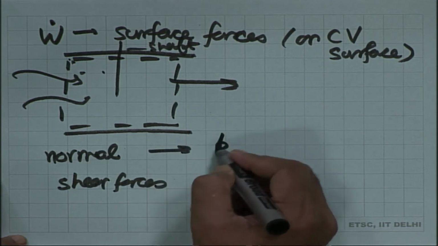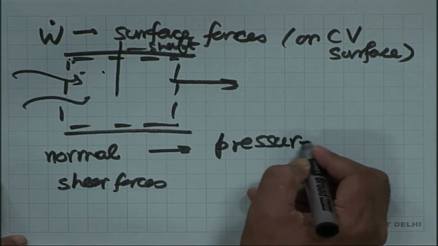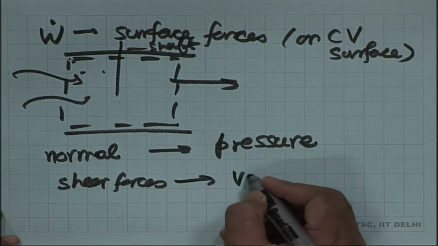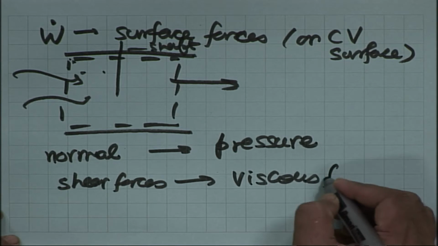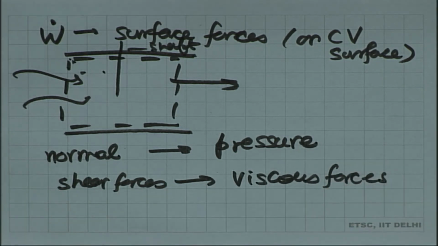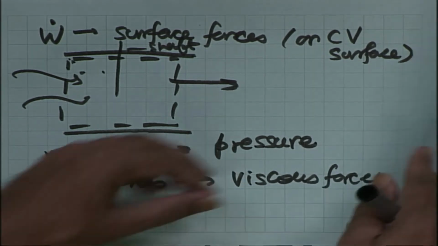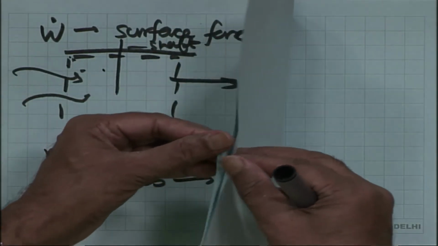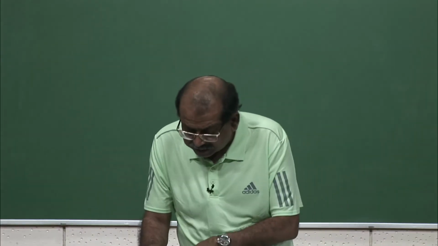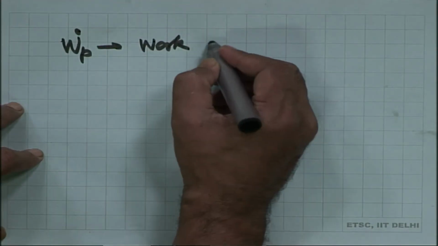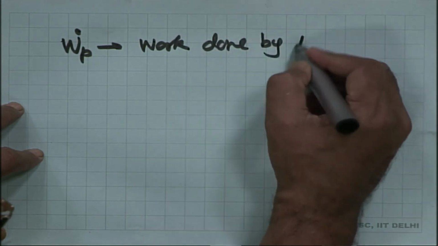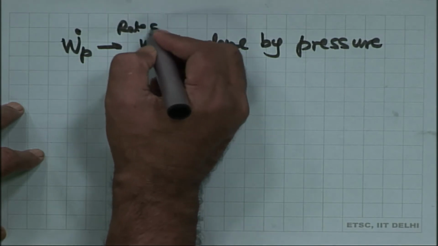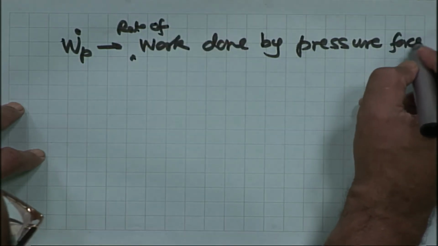The normal forces, we will count them as forces due to pressure, and the shear forces will be the viscous forces. So, now when I look at the work done, let us first see how in a control volume what will be work done by pressure, or rather rate of work done by pressure forces.